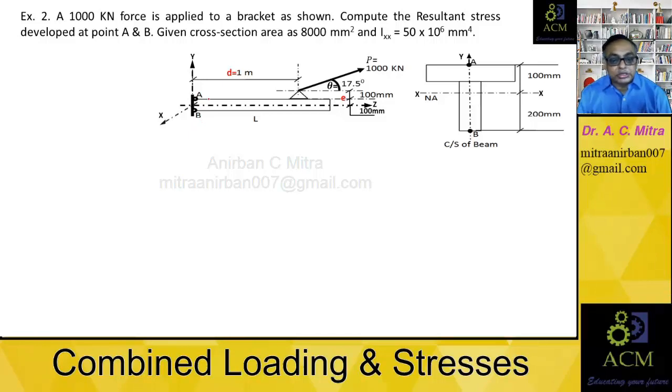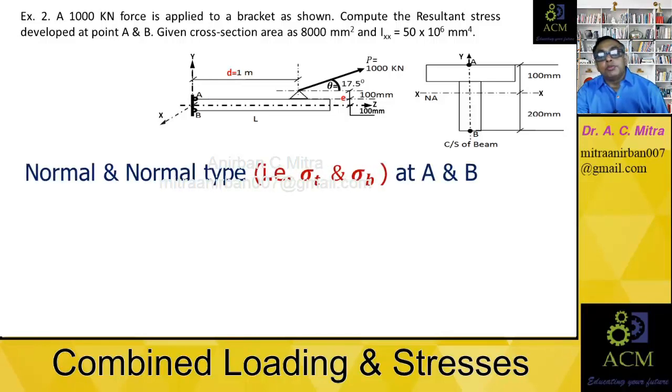So basically there is tensile, bending and transverse shear, but at A and B there is no transverse shear. So it is a normal type of problem, particularly at A and B points.